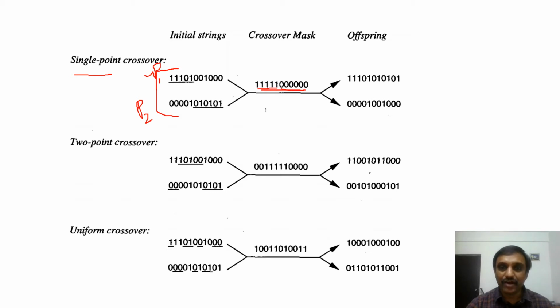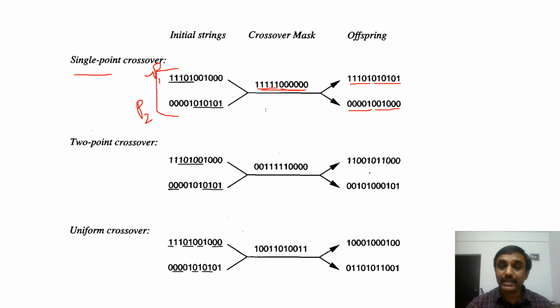Now see these offsprings. In the first offspring, first part, that is five bits, are from the first parent, remaining 6 bits from the second parent. Observe the second offspring. That one is first 5 bits from the second parent, next 6 bits from the first parent.